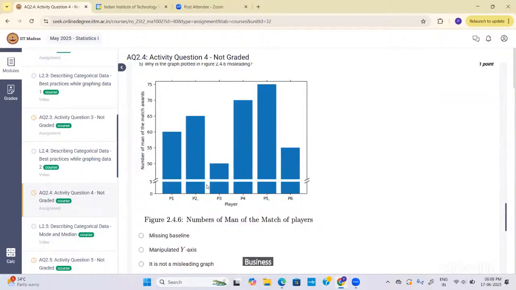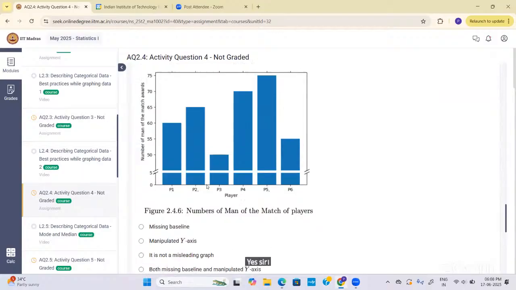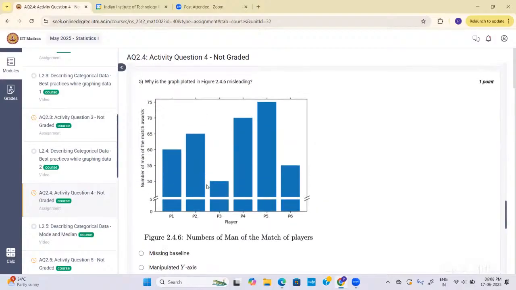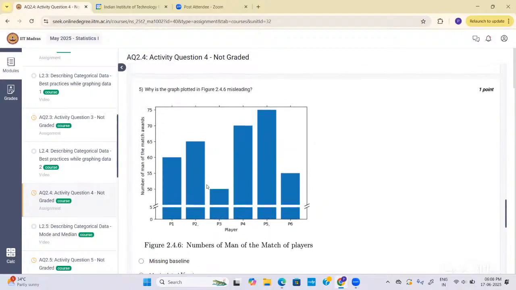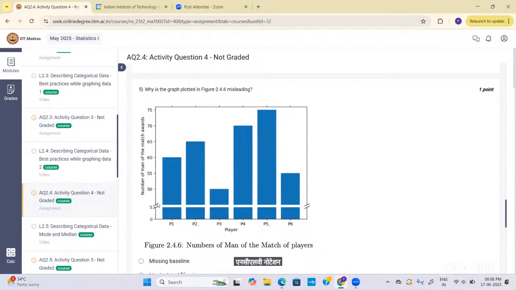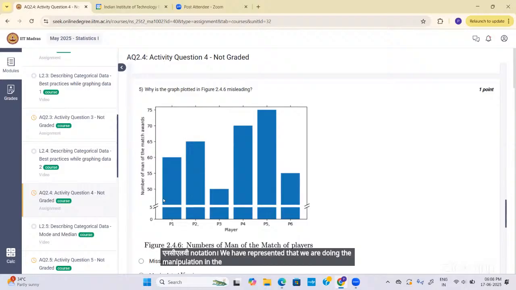This one? Yes, ma'am. Actually, here I gave the answer as manipulated y-axis, but here it is given that it is not a misleading graph. I cannot understand why. Yeah, see, because of the changes we are doing, we have mentioned it with this notation. We have represented that we are doing the manipulation in our graph. If you're not mentioning it, then it will be a misleading graph.